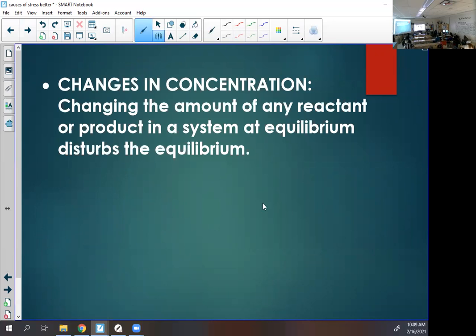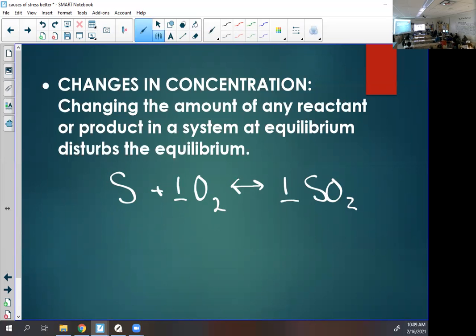Okay, so if I have sulfur and oxygen, and they are in a dynamic equilibrium, and they form SO2. We'll keep it simple, so it's just a 1, a 1, and a 1. All right, and we know it's an equilibrium, and we can graph it, something like this. It's an equilibrium right here.